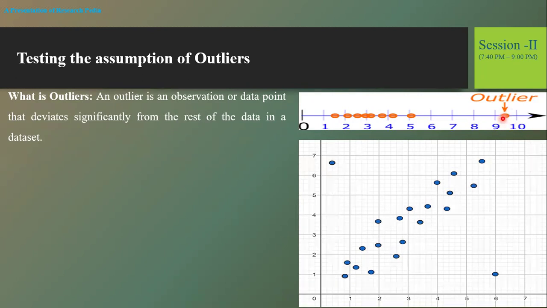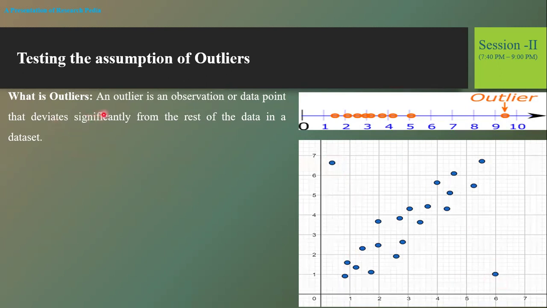So why we are finding the outlier? Outlier basically make our result inconsistent. So in order to make the result consistent, either we need to remove the outlier or we need to make the corrections that why this outlier has appeared, sometime due to data entry issue and sometimes due to wrong measurement method. So we need to identify that if there is a outlier in our data set or not.